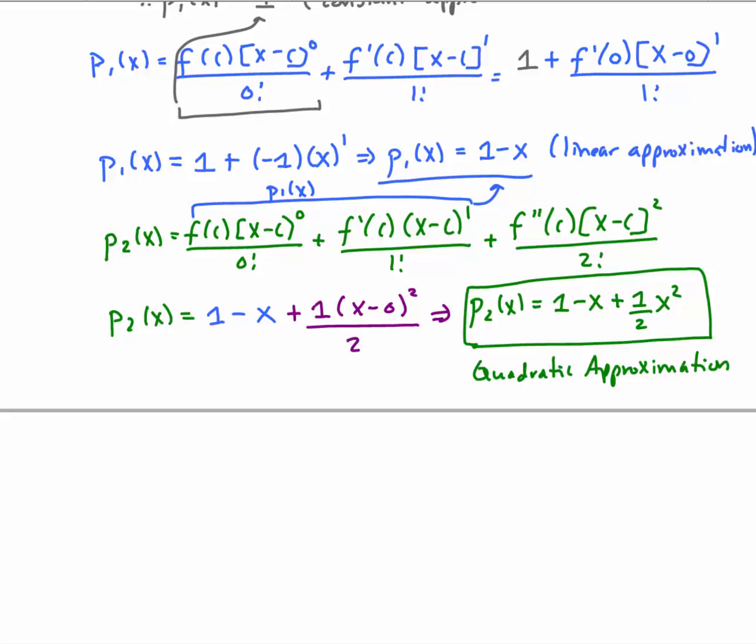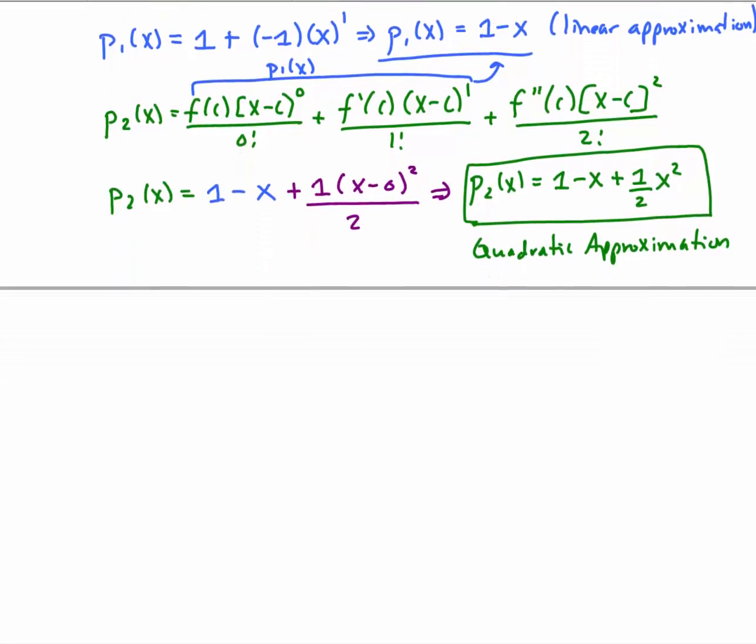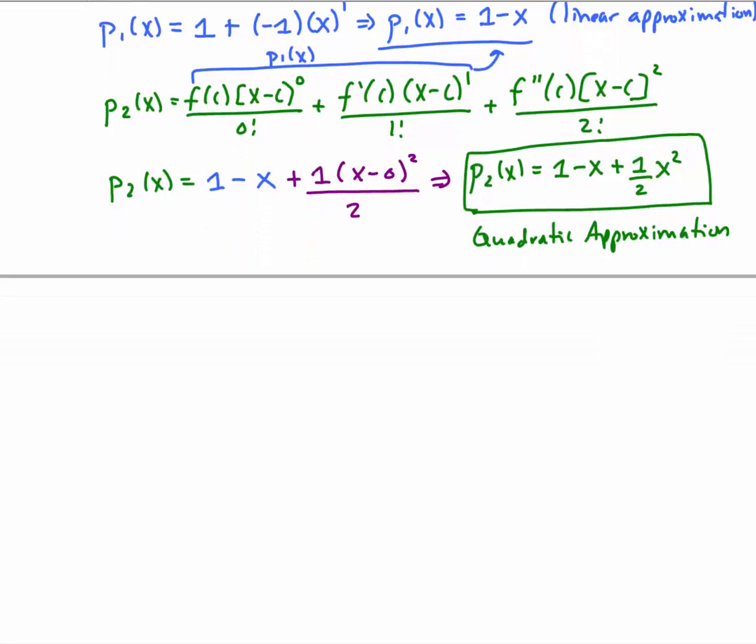Okay, so now the next one we jumped to was P4, I believe. So we can do P4 without doing P3, but I guess P3 is embedded. So I'm going to just go ahead and write out P4, and we'll see where P3 comes from as well. And again, this is going to be basically P1 plus P2.